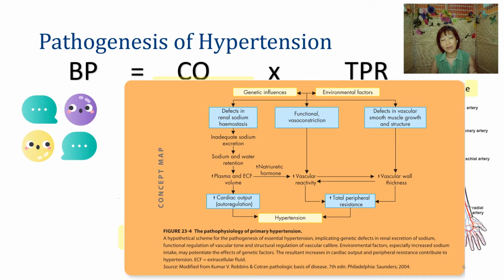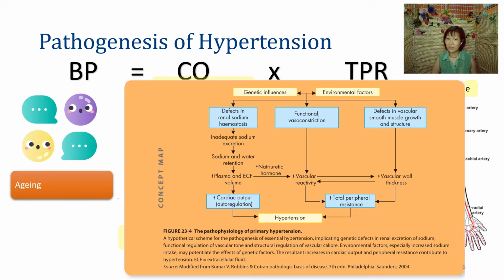Likewise, on the other side of the house, where you get environmental factors or genetic influences, you may end up getting functional vasoconstriction, maybe in a setting of prolonged stress. Or you could get defects in vascular smooth muscle growth and structure, therefore increasing vascular wall thickness and vascular reactivity, which would then lead to an increase in total peripheral resistance. And so these two factors put together will give you high blood pressure.